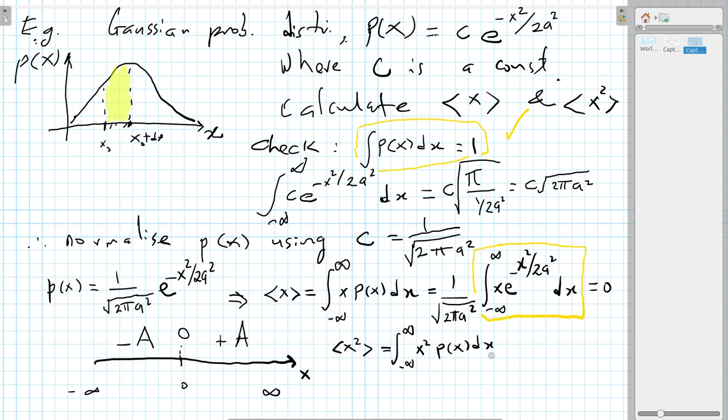Okay, and this is going to be like we've done above, 1 over the square root of 2 pi a squared, integral from minus infinity to infinity of x squared e to the minus x squared over 2a squared. So what's the answer for this?